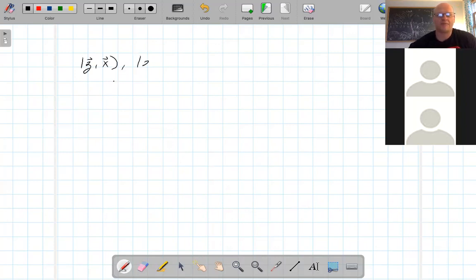Or positive Z with negative X, or negative Z with positive X, or negative Z with negative X. So I'm not relegated to talking about SZ for both of them. I can talk about SZ for one and SX for the other, so I don't have to talk about the same directions.